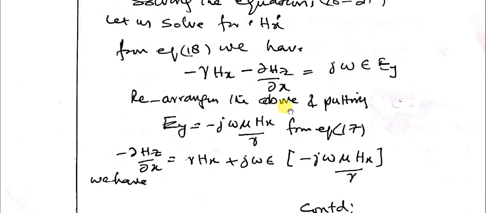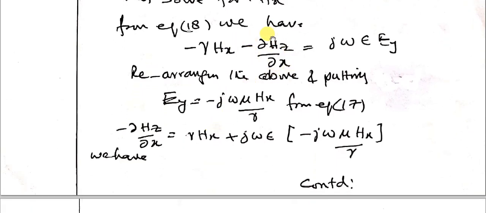we get Ey is equal to minus j omega mu Hx by gamma, from equation 17. So putting this in the above equation, delta Hz by delta x is equal to gamma Hx plus j omega epsilon into minus j omega mu Hx by gamma.